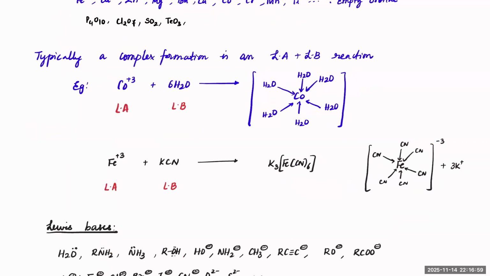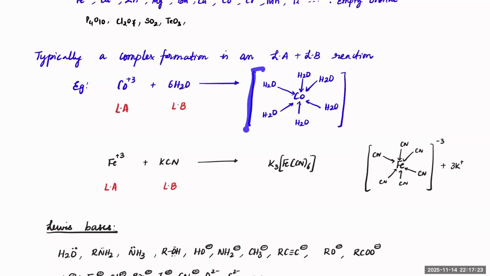Next, check out: typically, if there is a complex formation, that is always a Lewis acid and base combination. For example, cobalt plus 3 is combined with 6 molecules of water. Every water molecule, which has a lone pair, is making a coordinate covalent bond with cobalt. So it is like an acid-base connection, hence a complex formation.